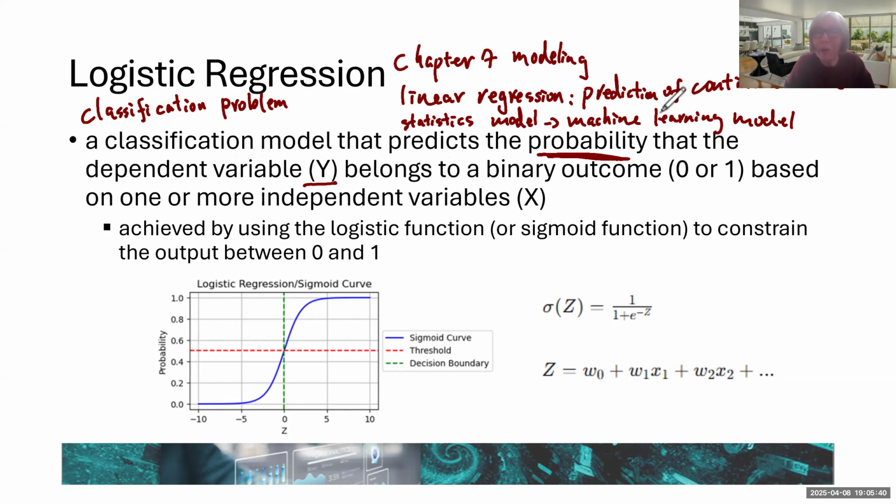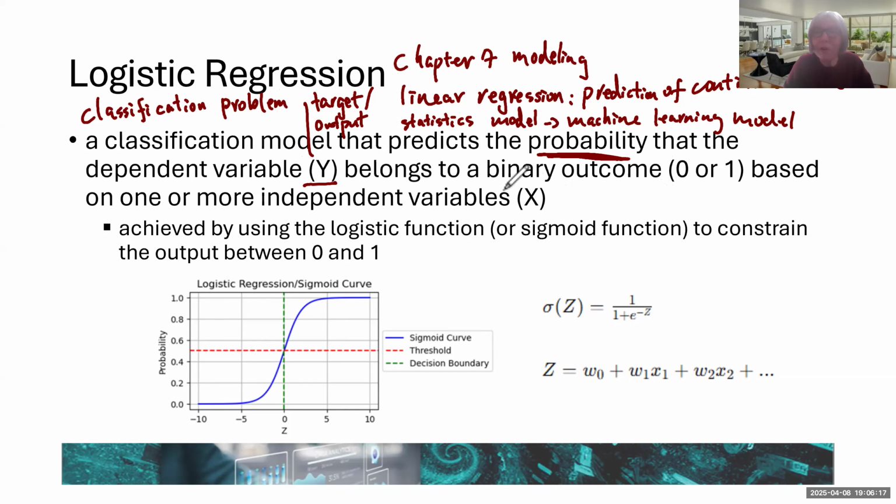And if you recall, in machine learning, we call it target. Or you can call it output. Okay. And so for logistic regression, it's about the probability that the dependent variable or target or output belongs to some binary output. So this is for the binary classification.